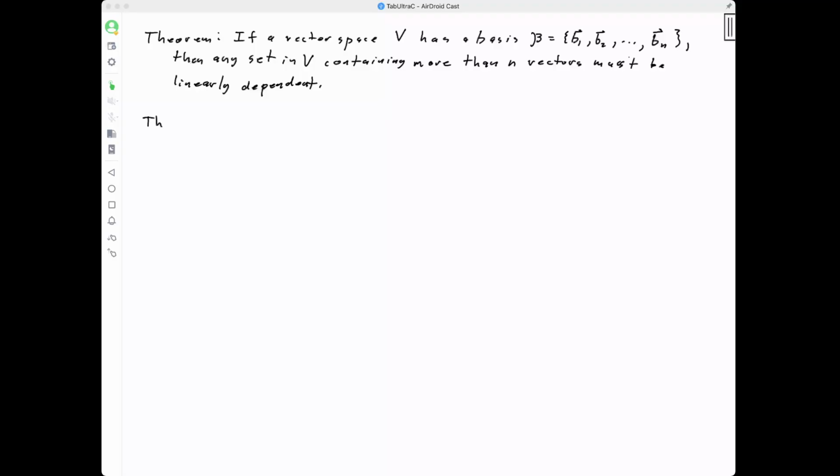It follows that since this is true for every basis, it means that every basis must have the same number of vectors.